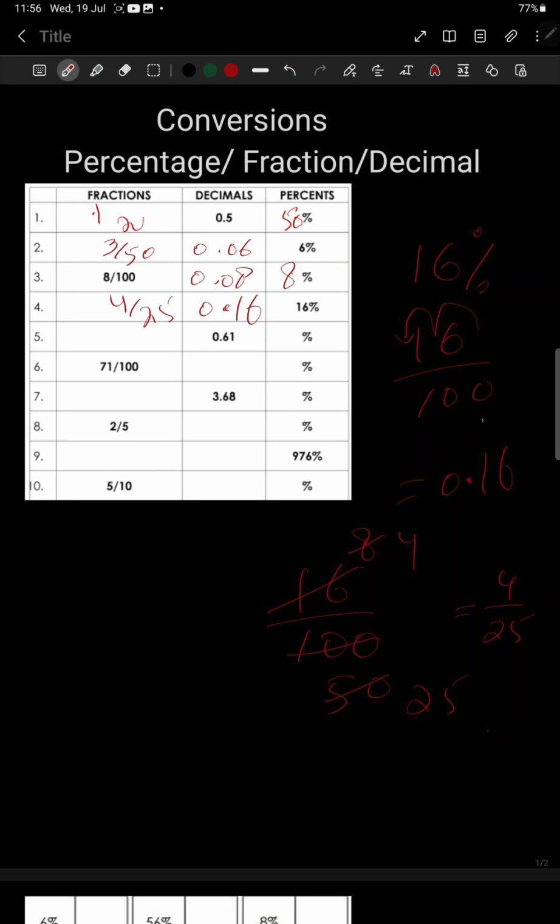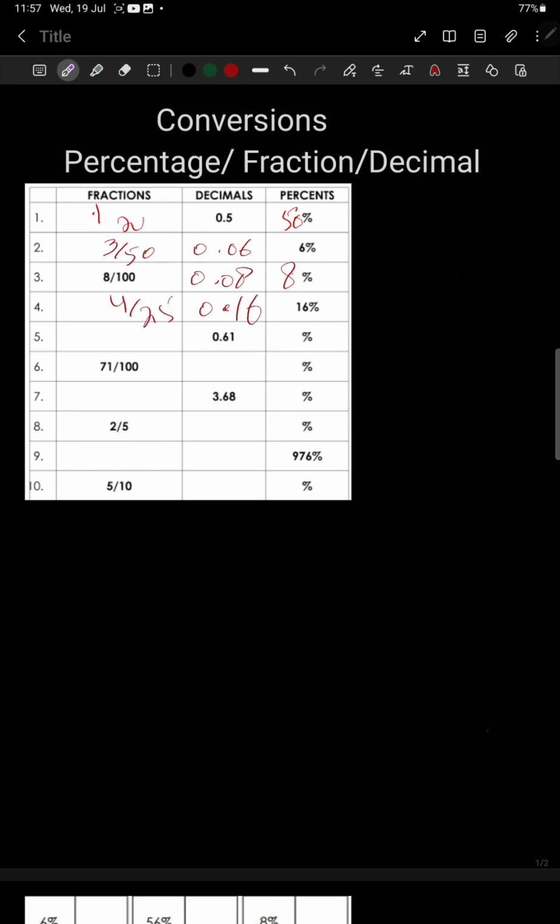The next number is 0.61. It is given in the decimal, so I will convert this decimal into fraction first. Always go from decimal to fraction first, then it will be easier to change into percentage. There is no denominator, so I will write the denominator as 1. Now how many numbers after the decimal?